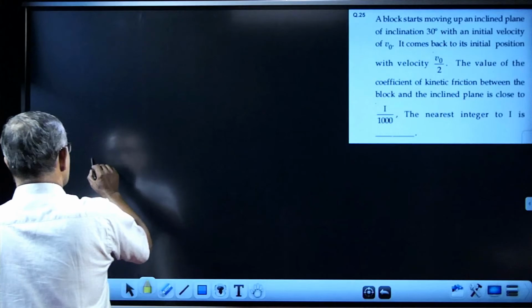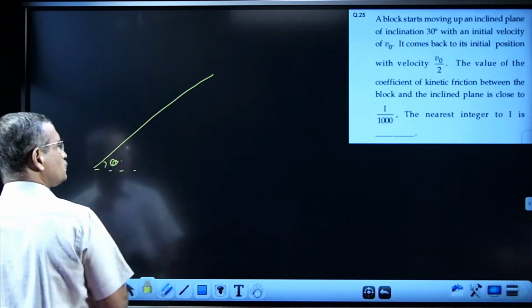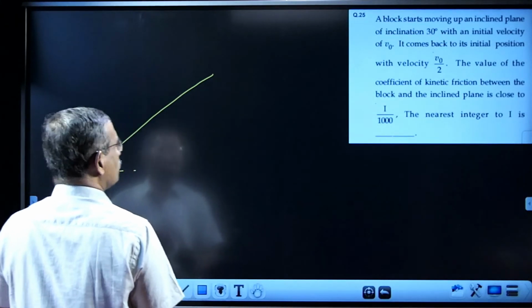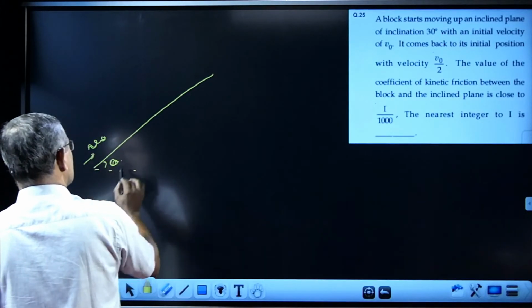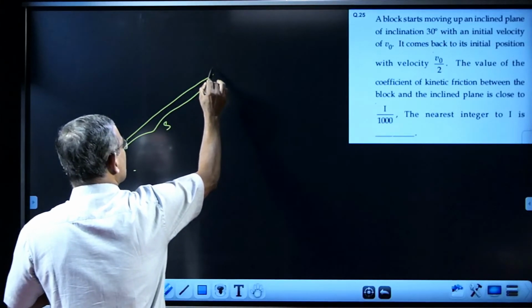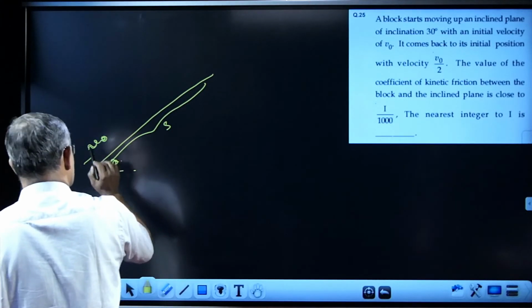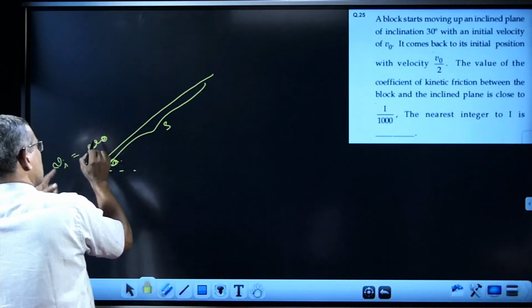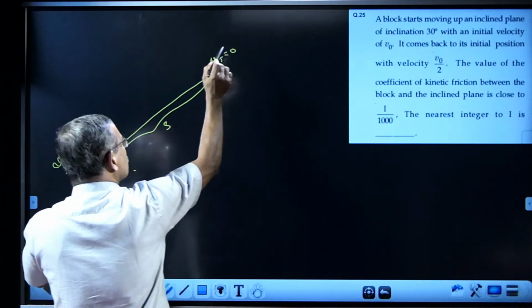Now look at this. This is our inclined plane, the angle is theta. When it is projected up with v0, it travels this distance s and reaches here. The initial velocity is v0. For the upward journey, vi is v0 and vf is equal to 0.